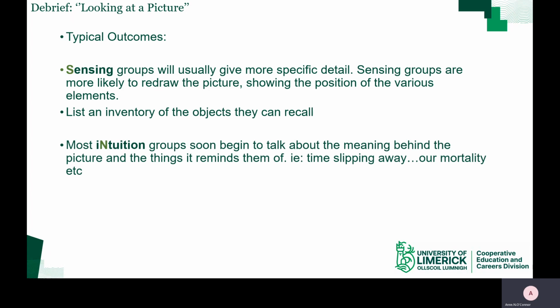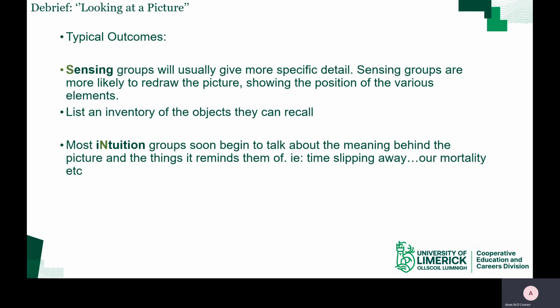Whereas the intuition group, the Ns, begin to talk about the meaning behind the picture and the things it reminded them of. So maybe time slipping away, mortality. They'll start talking about the emotion, the colors, what they signify. So very, very different approaches. One has gone into a real high level of what it means, and the opposite group has gone into, well, I saw this and I saw this and I saw this.